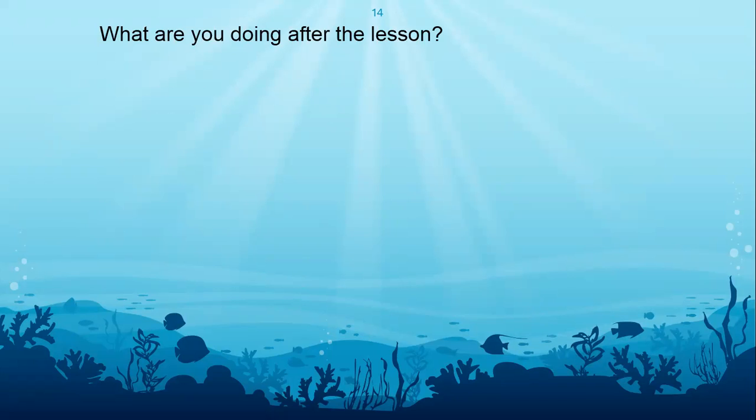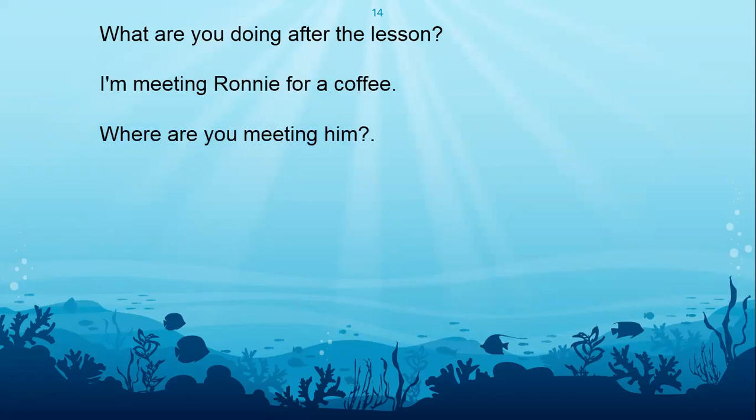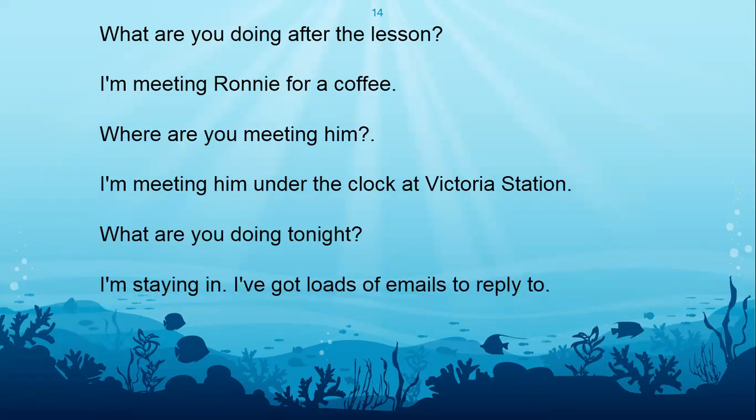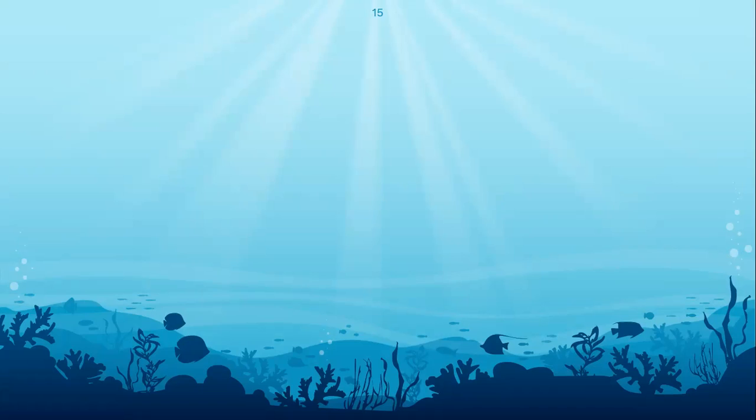What are you doing after the lesson? I am meeting Ronnie for a coffee. Where are you meeting him? I'm meeting him under the clock at Victoria Station. What are you doing tonight? I'm staying in. I've got lots of emails to reply to.